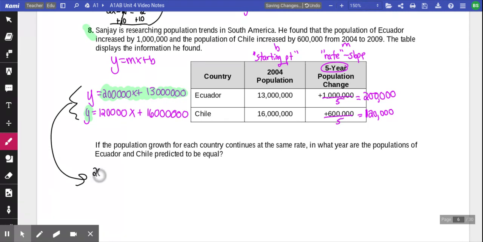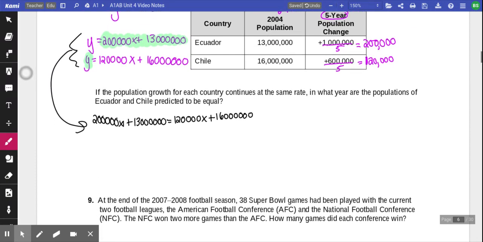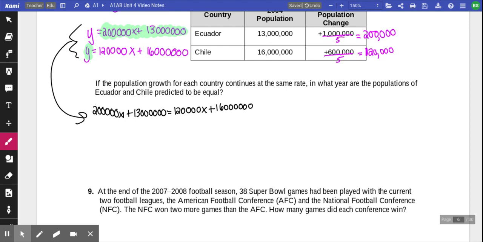And say 200,000 x plus 13 million is equal to 120,000 x plus 16 million. Okay, I'm going to try to solve this as quick as possible because this is a lot of zeros to be writing. So I'm going to subtract 120,000 x from both sides. And in the same step, and you don't have to put it in the same step, I'm going to subtract 13 million from both sides.